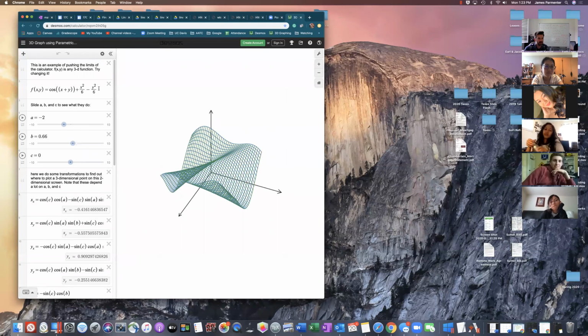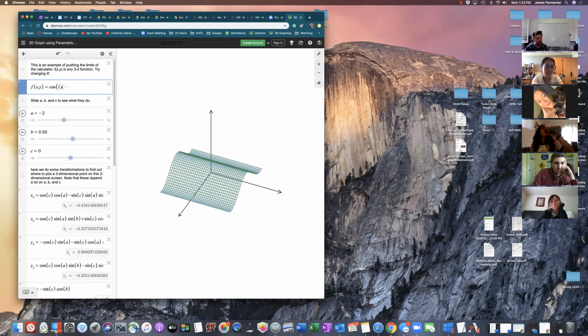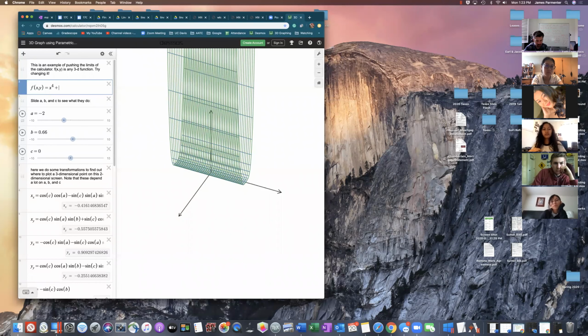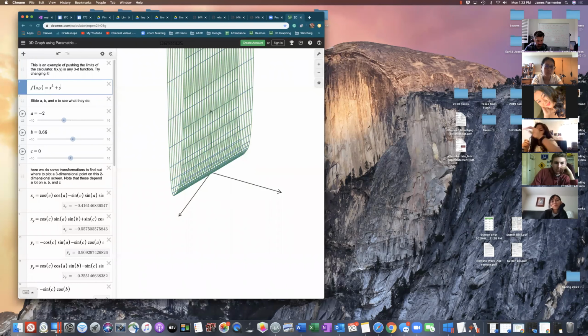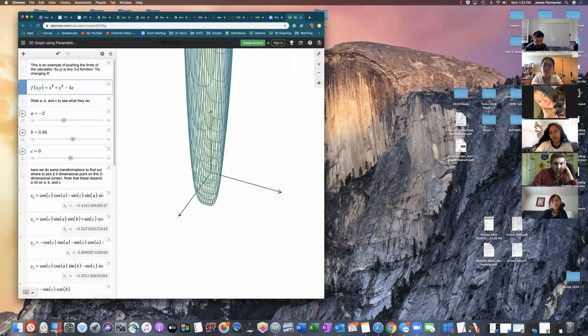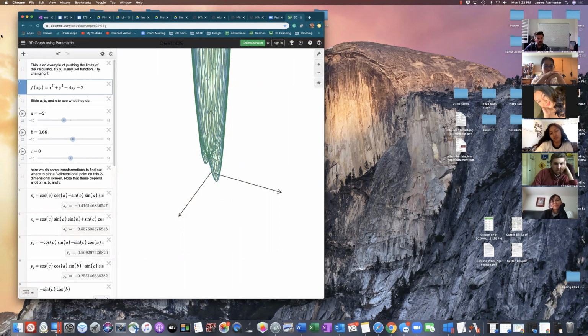I already have this one. Okay, sure. So really we're looking at x to the 4th plus y to the 4th minus 4xy, plus 2. And if we spin it around a little bit, you can kind of see, oh yeah, totally, right?